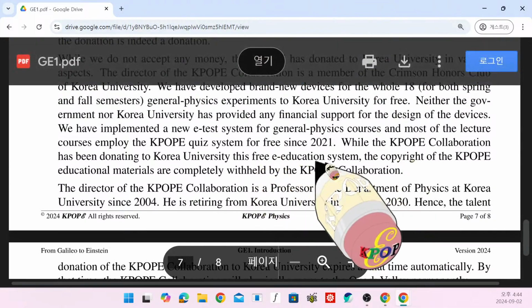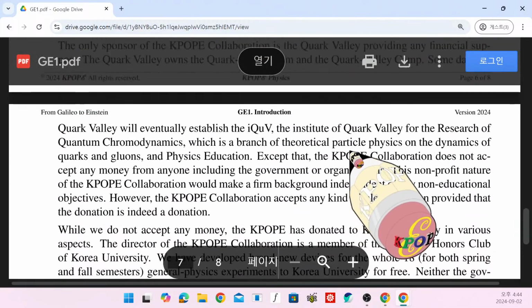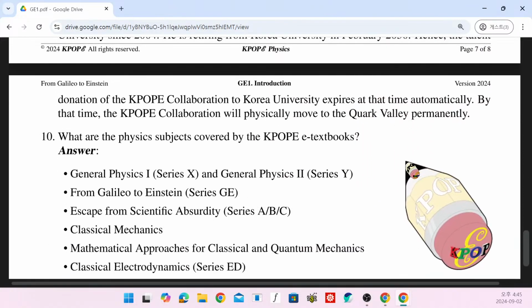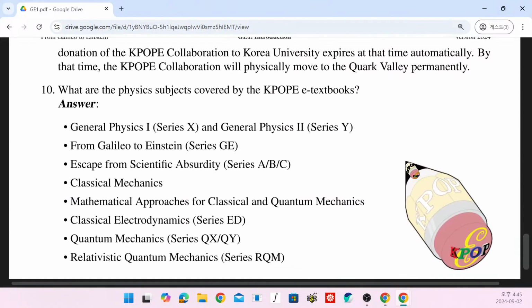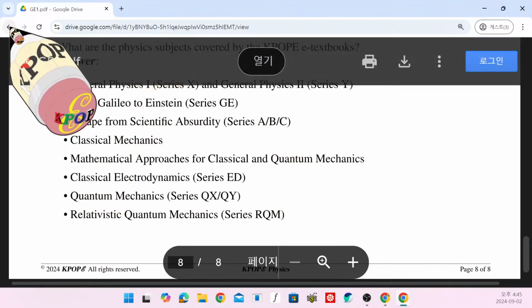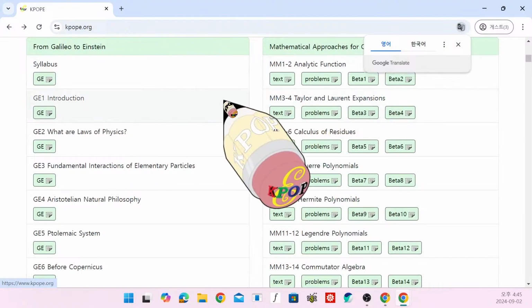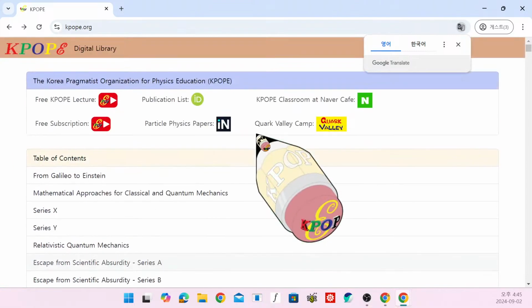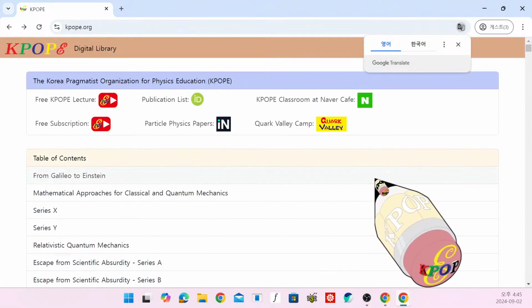And a brief explanation of my long-term plan after Korea University. There are many courses provided by K-pop collaboration, and all of the materials can be found in this K-pop digital library.